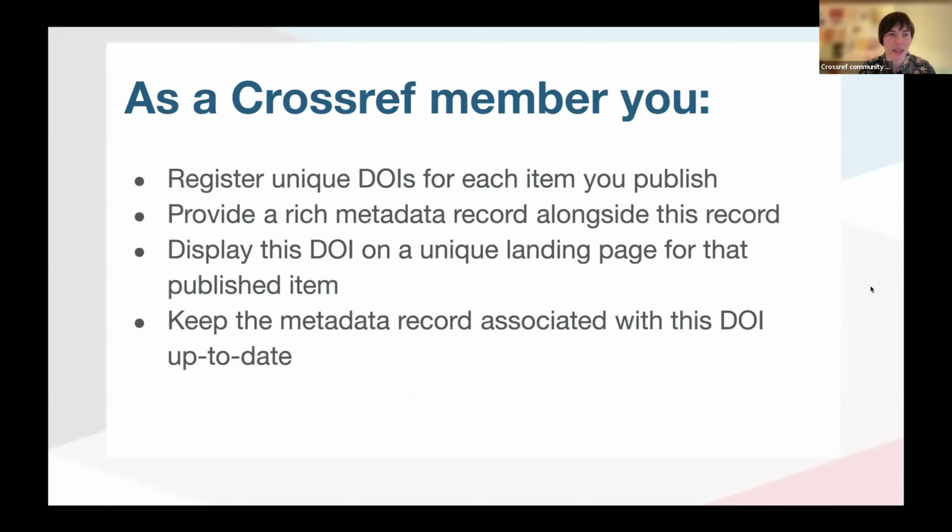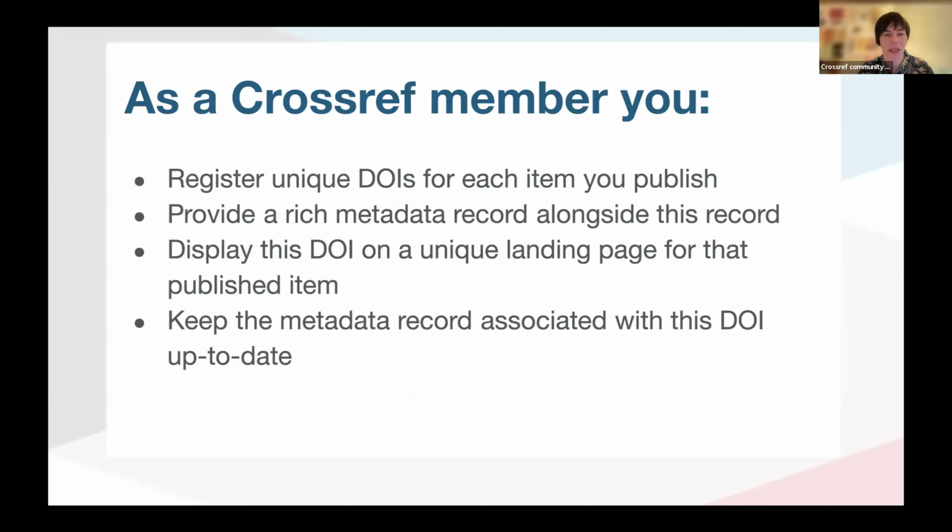So going back to basics, as you know, through your member obligations you can participate in Crossref by registering unique DOIs for each item you publish, and you provide metadata records alongside the identifier. You should be displaying that identifier on your landing page for that published item.